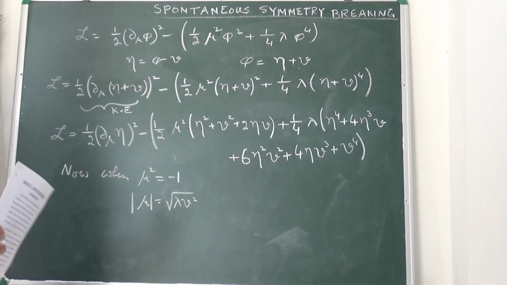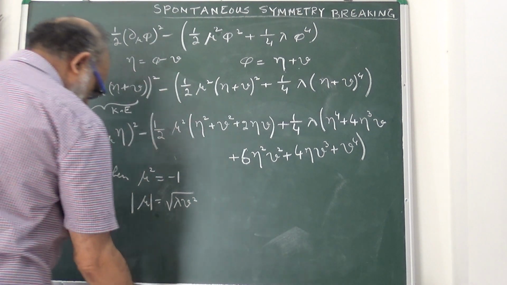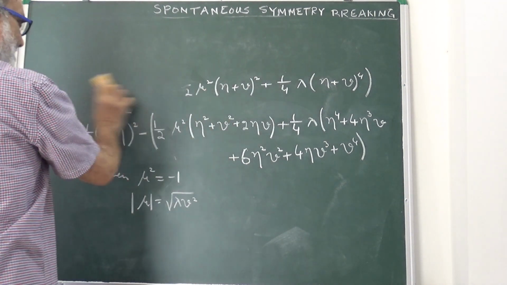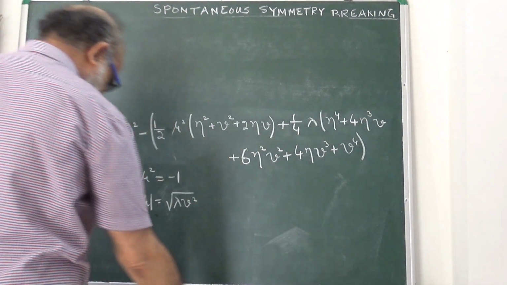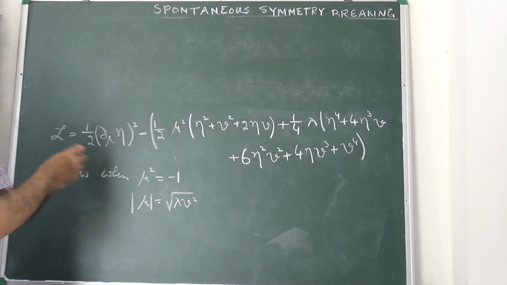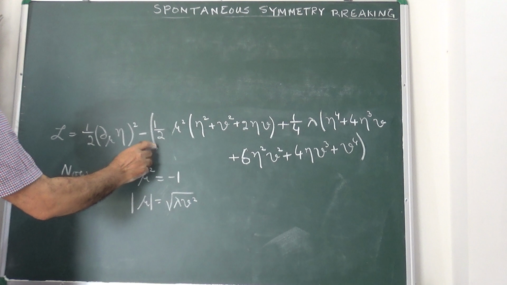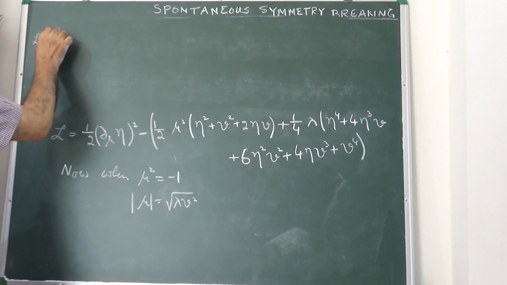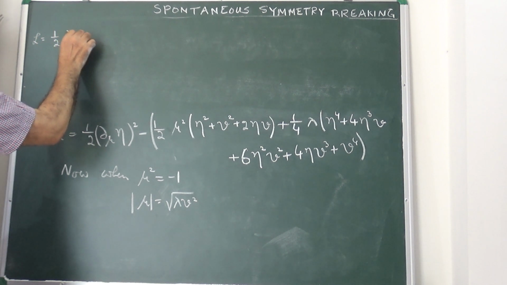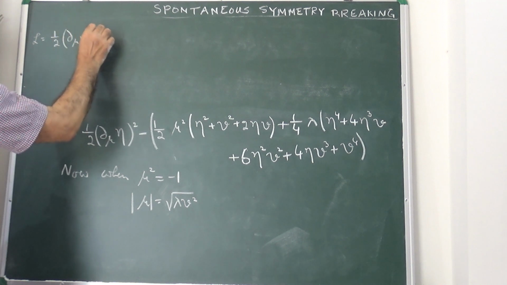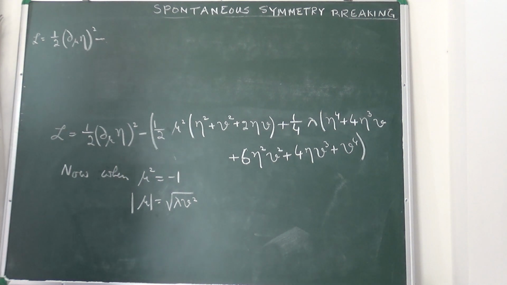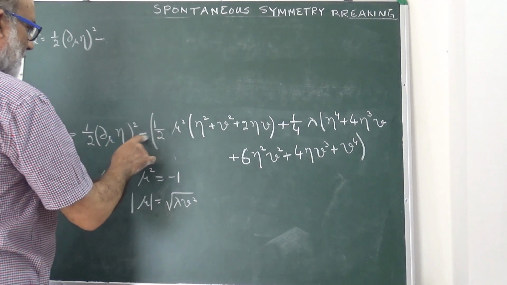Substitute these values here and you will get... I'm just working on this side because this has no change here. Okay, so this will make you mu square.